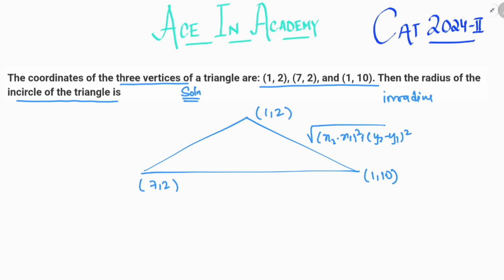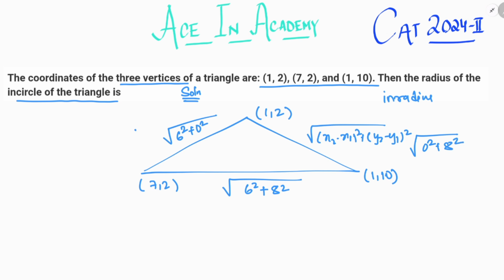So by this we'll get the length of the sides of the triangle. If I take this side, (7, 2) and (1, 10), the length of the side is square root of 6 square plus 8 square. For this length I will have again 6 square plus 0 square, and for this length I will have 0 square plus 8 square.